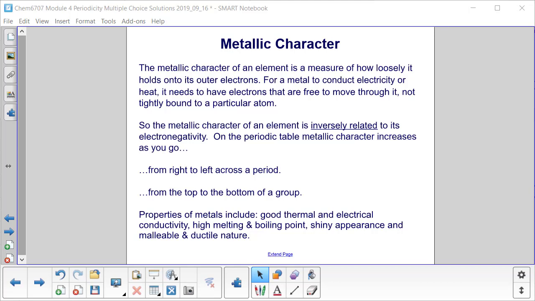So on the periodic table, metallic character increases as you go from right to left across a period and from top to bottom of a group. Properties of metals include good thermal and electrical conductivity, high melting and boiling point, shiny appearance, and malleable and ductile nature.